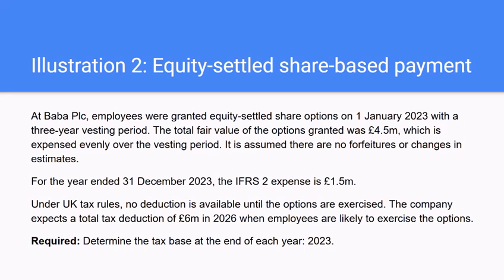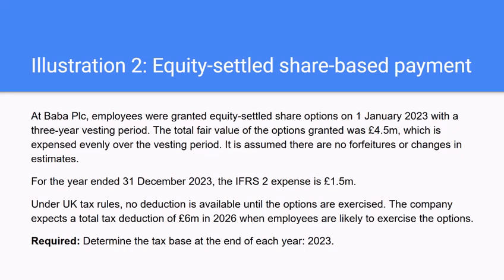The company we're looking at in this case is, of course, an imaginary company, and I've called that company Baba PLC. At Baba PLC, employees were granted equity settled share options on 1st January 2023 with a 3-year vesting period. The total fair value of the options granted was £4.5 million, which is expensed evenly over the vesting period.